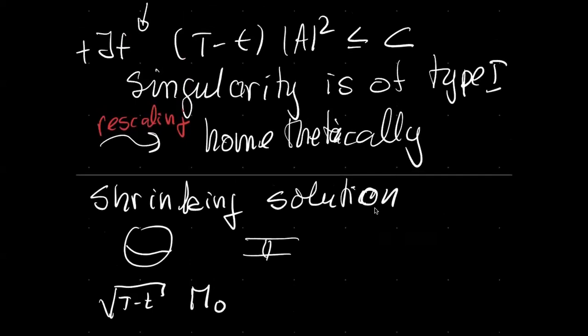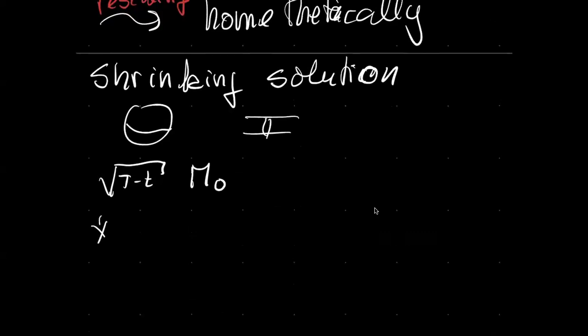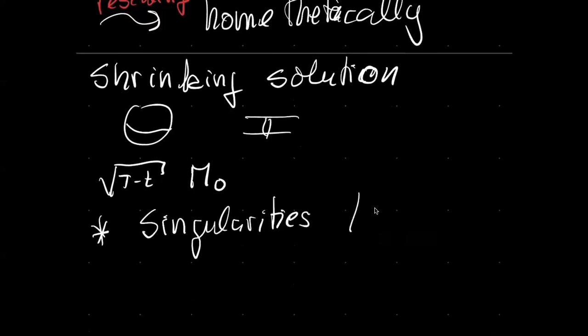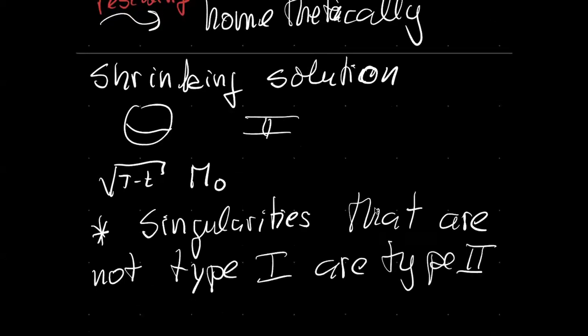If you don't have this, so if the singularity is not of type 1, the singularity is of type 2. Type 1 or type 2. And then the rescaling is different and it's less precise.